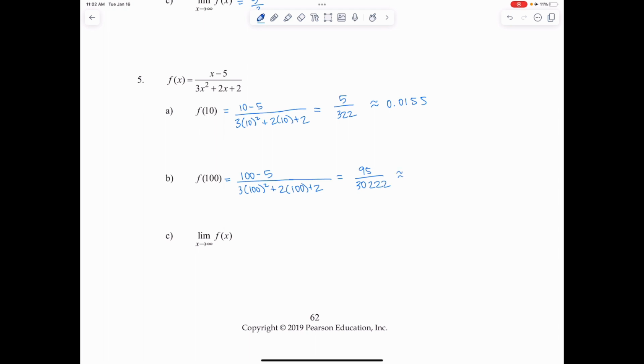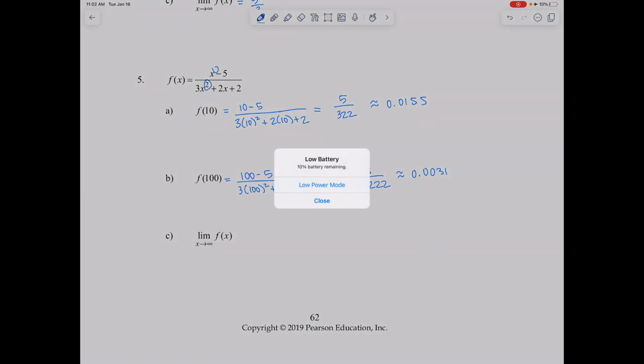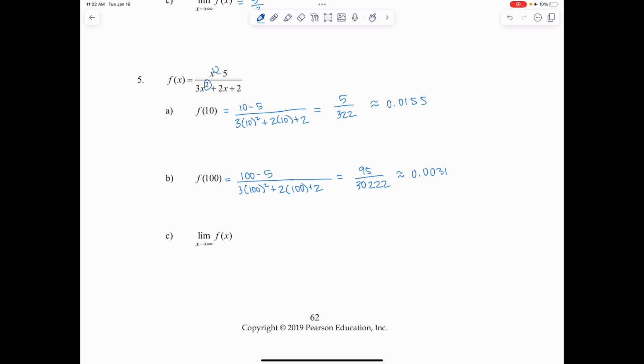And that's approximately 0.0031. And our property, when the denominator exponent is greater than the numerator exponent, tells us the limit is going to go to 0. And we can see that it's getting closer and closer to 0 as we make our x's bigger and bigger and bigger.